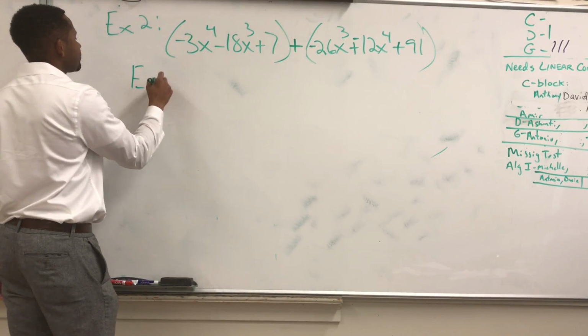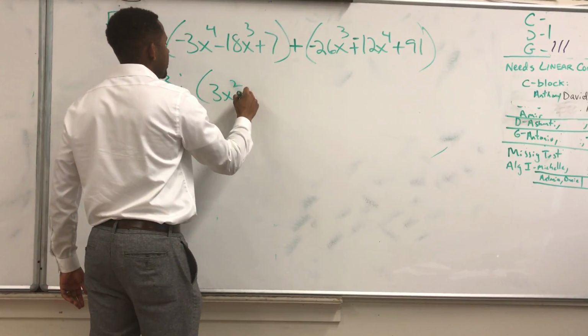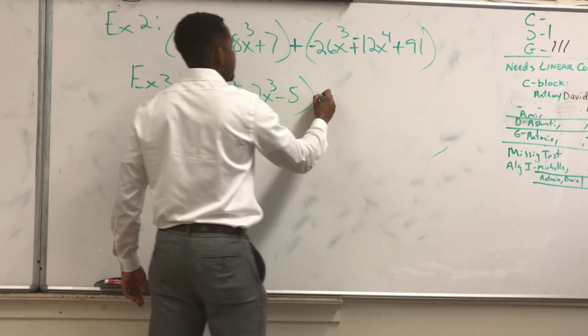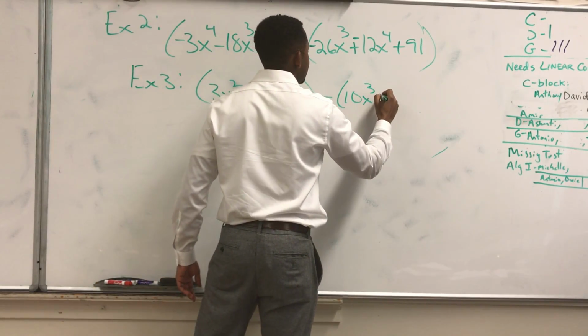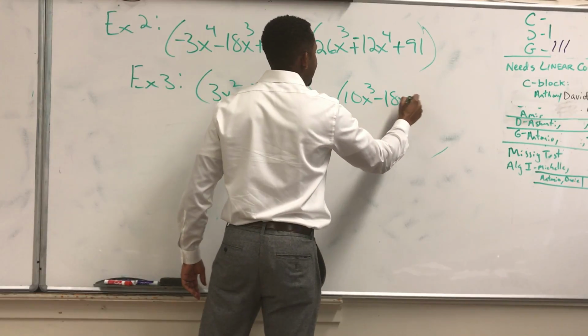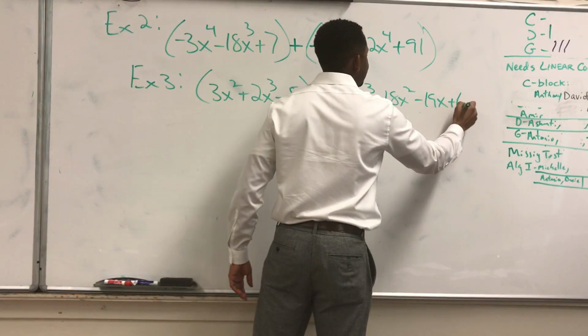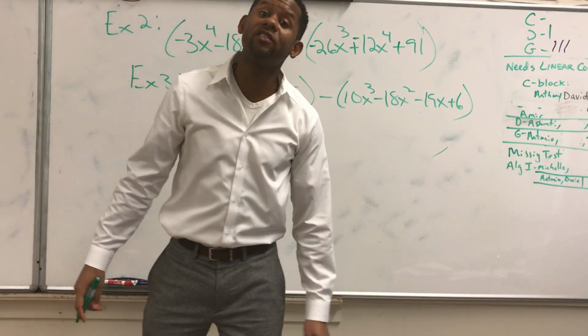Example 3 says 3x squared plus 2x to the third minus 5 minus 10x cubed minus 18x squared minus 19x plus 6. Okay? Take this and convert it into an addition problem.